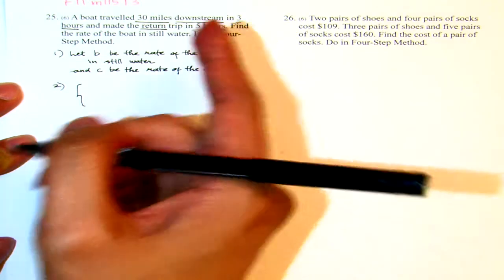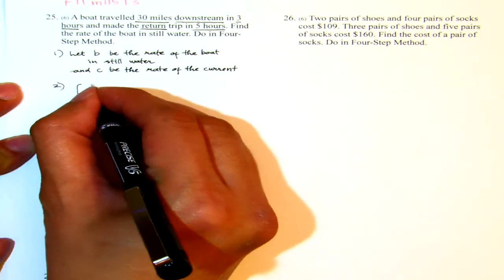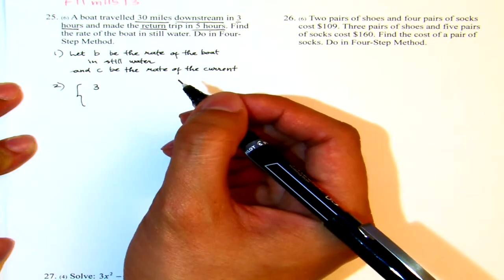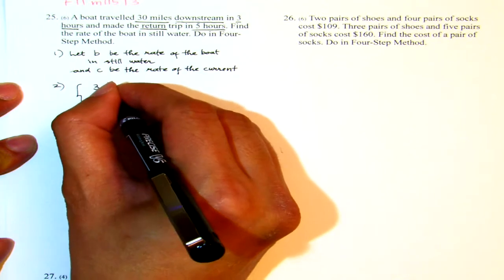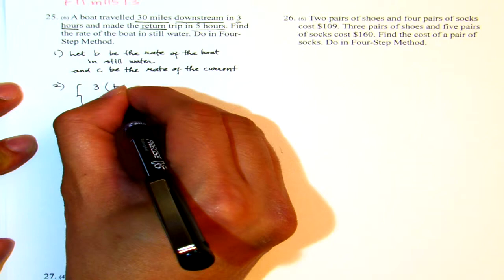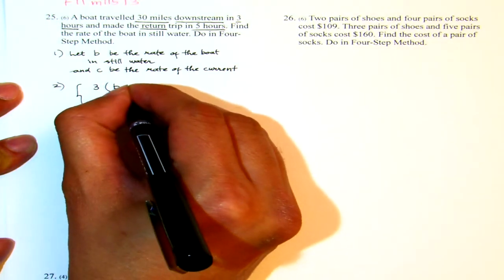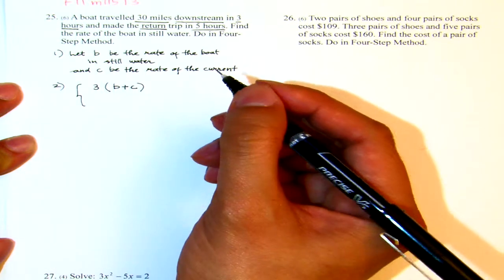Now let's see. The second step, we will set up the system of equations that we need to solve. 30 miles downstream, the time is 3 hours. The rate will be, because it goes downstream, the rate of the boat in still water increased by the rate of the current. Right? Think about it.